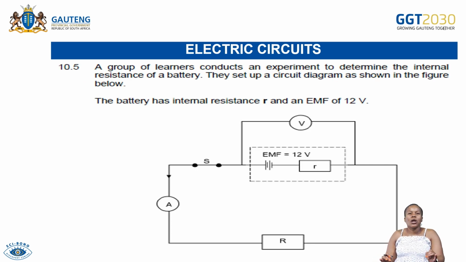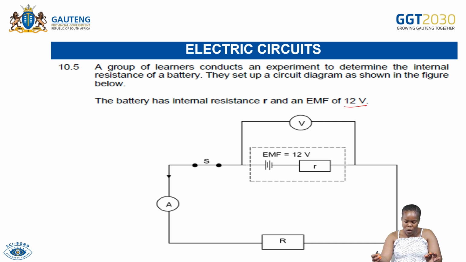10.5. They say a group of learners conducts an experiment to determine the internal resistance of a battery. They set up a circuit diagram as shown in the figure below. The battery has an internal resistance r and an EMF of 12 volts. Analyze the circuit before you jump into the questions.